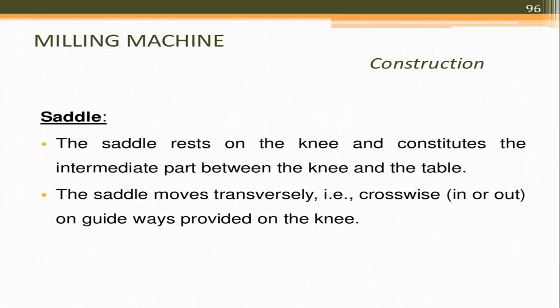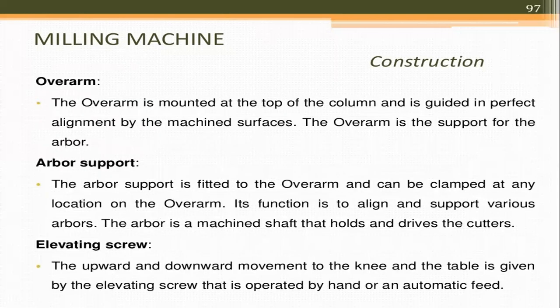Saddle. The saddle rests on the knee and constitutes the intermediate part between the knee and the table. The saddle moves transversely, crosswise, on the guideways provided on the knee. Overarm. The overarm is mounted on the top of the column and is guided in perfect alignment by the machined surface. The overarm is a support for the arbor.